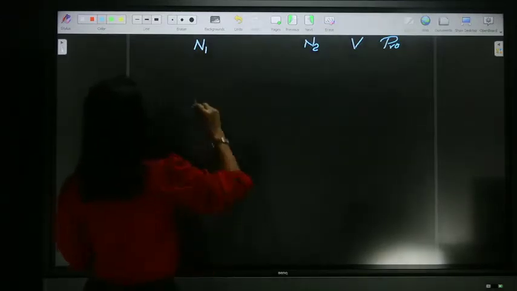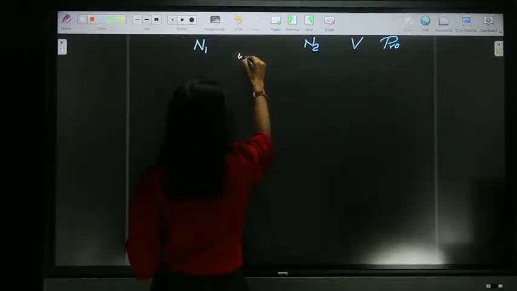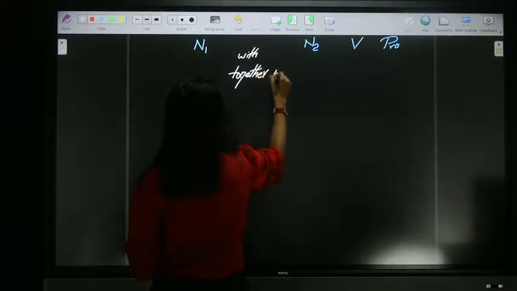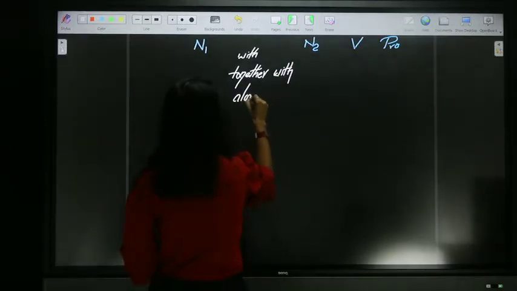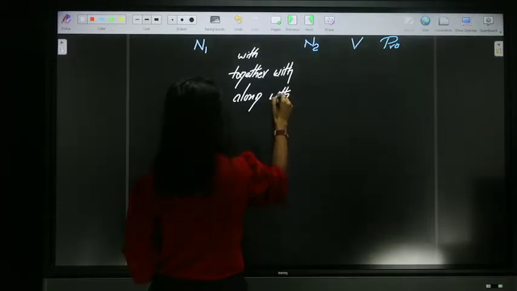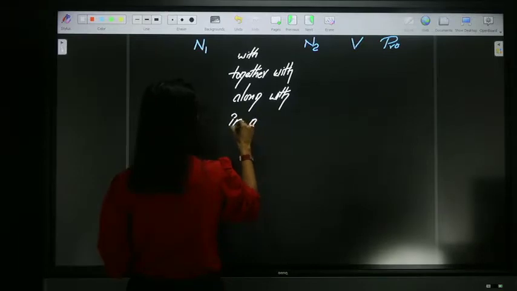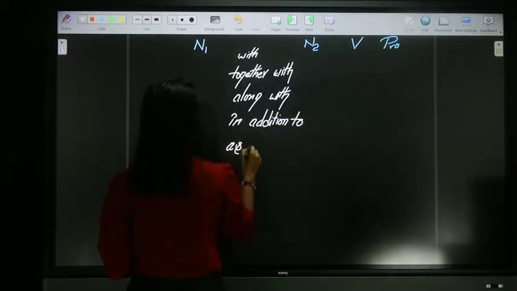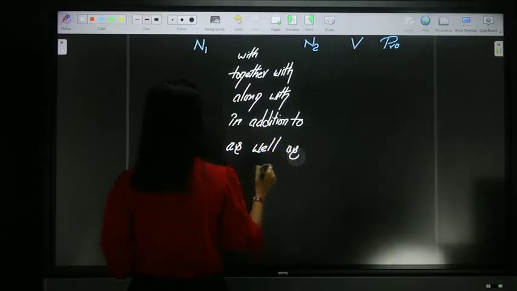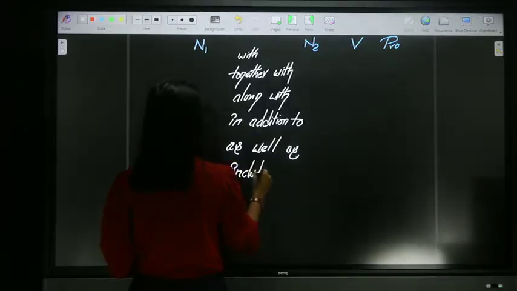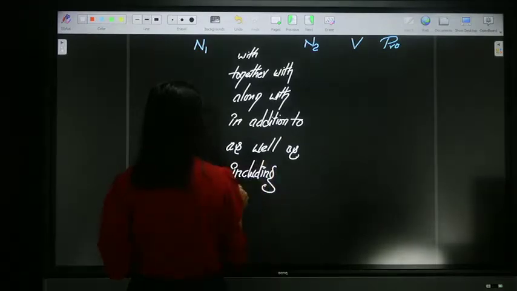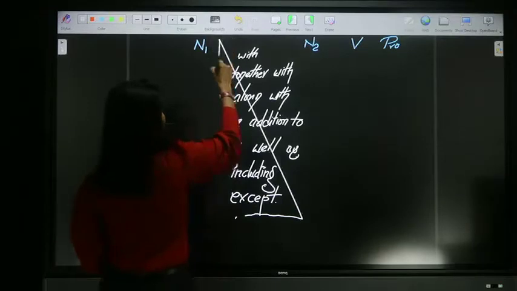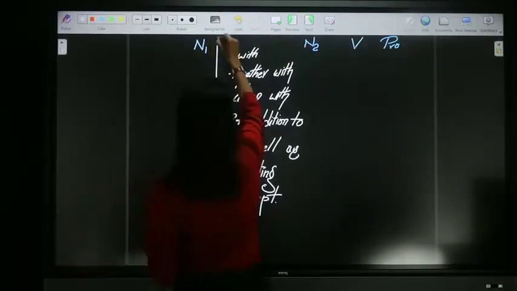What is that? If two nouns, noun 1 and noun 2, are connected with conjunctions like with, together with, along with, in addition to, as well as, including, except, etc. Remember, these conjunctions take the second noun as additional information.